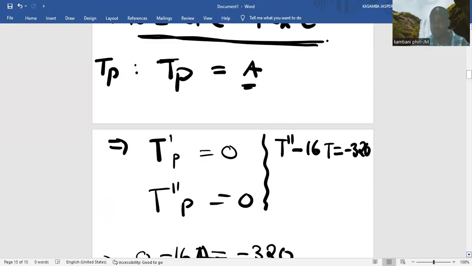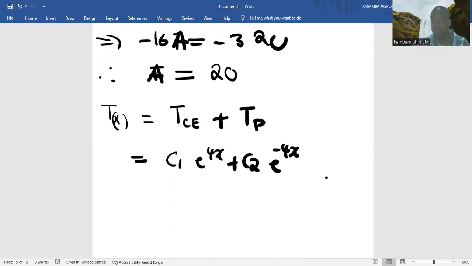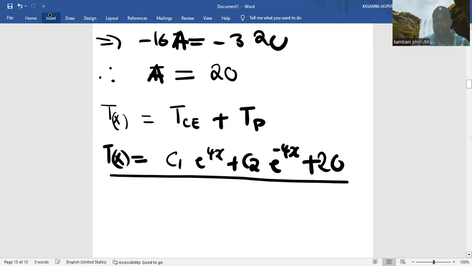So plus 20. This is our general solution.